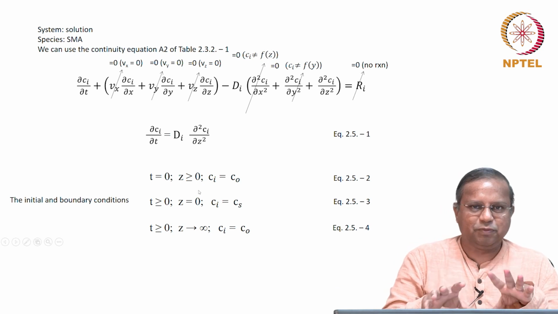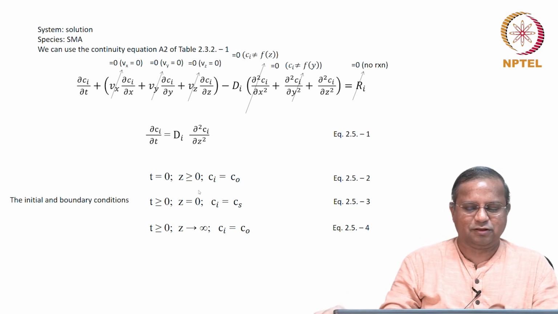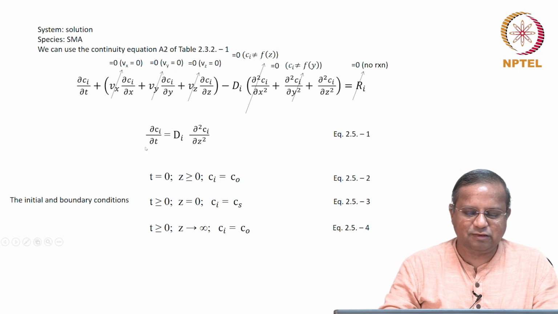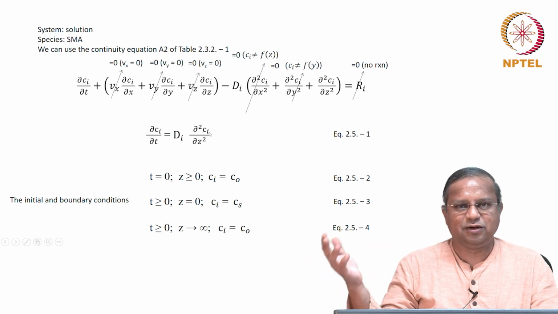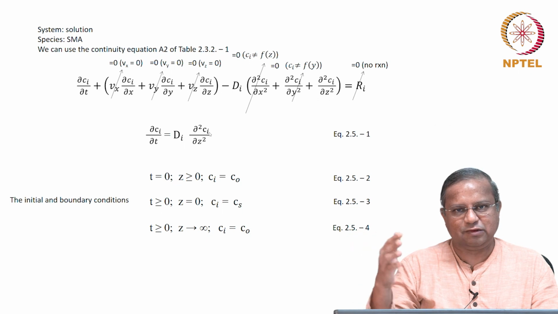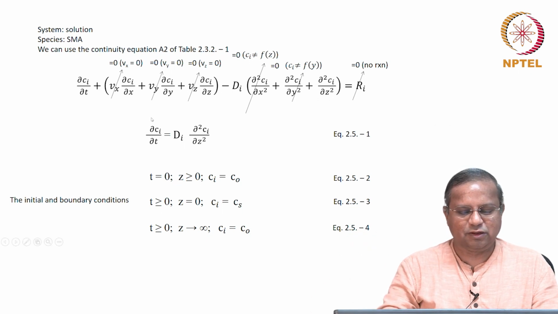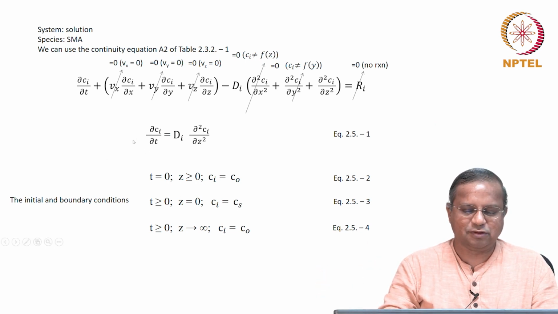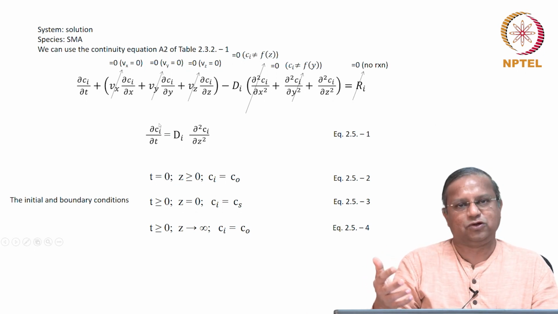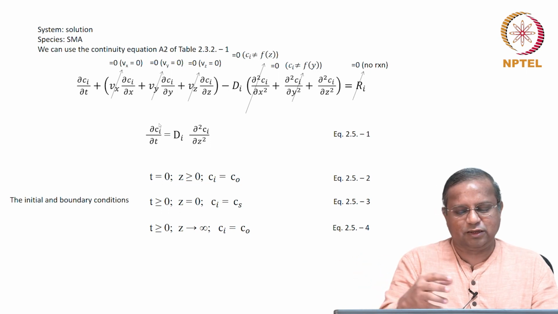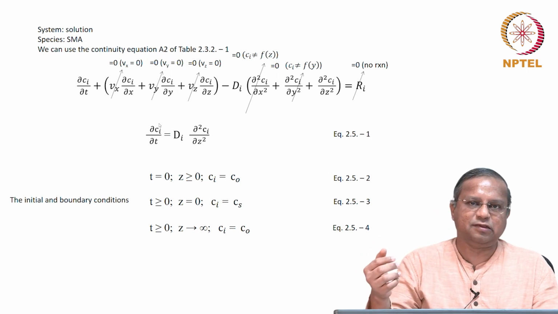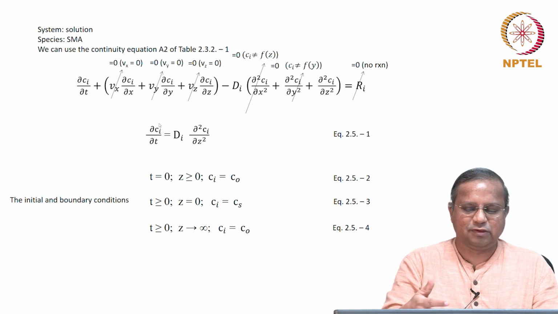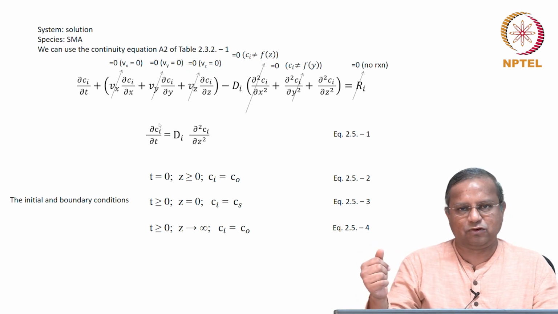Now, be prepared for a good amount of math. The only difference between this equation and the very first equation that we got for steady state for a rectangular coordinate system is this term. This term did not exist earlier, this was 0, and that made the solution a lot simpler compared to this. Just one more derivative here completely complicates the solution part of it. But that is okay. The analytical solution has a lot of insights that it can offer, it has a lot of benefits, and that is the reason why we are looking at the analytical solution here.